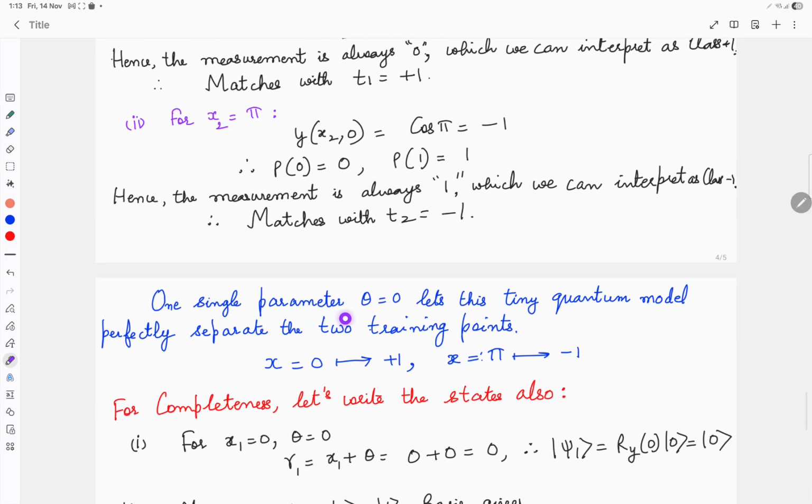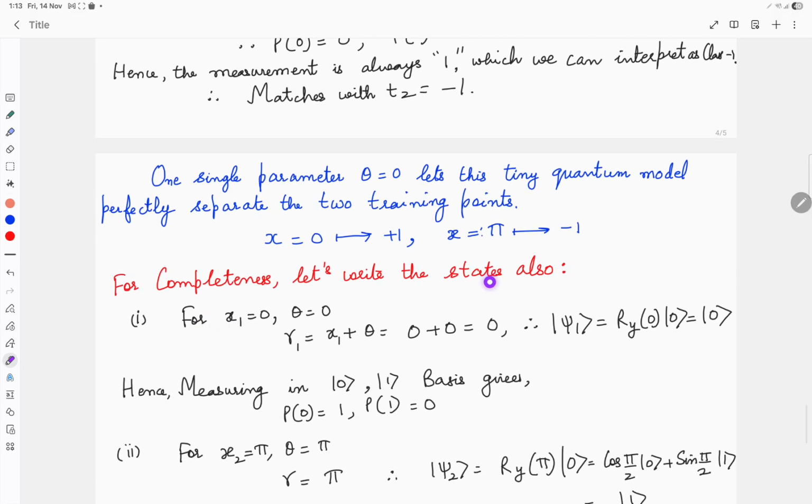So this is the training done with a single parameter, and this single parameter, which is theta equal to 0, lets this tiny quantum model perfectly separate the two training points, which means x equal to 0 for class +1 and x equal to pi for class -1.